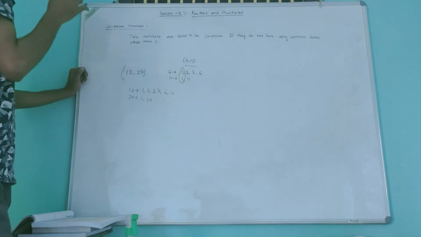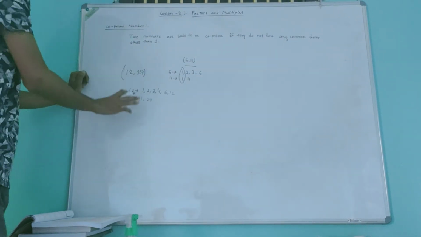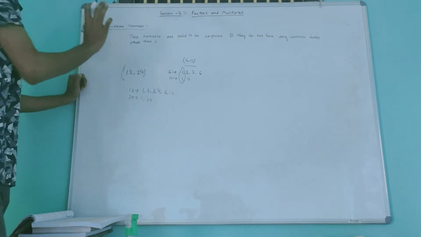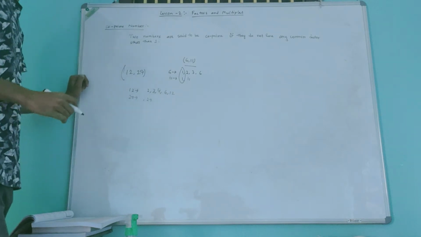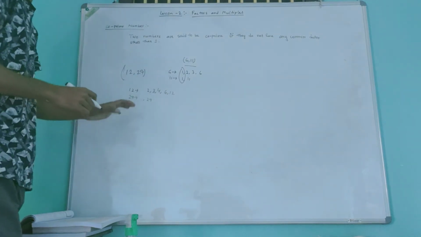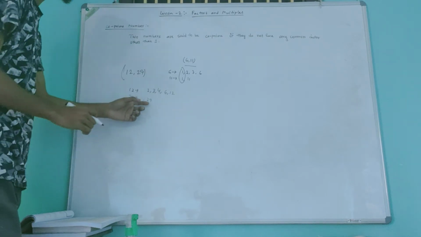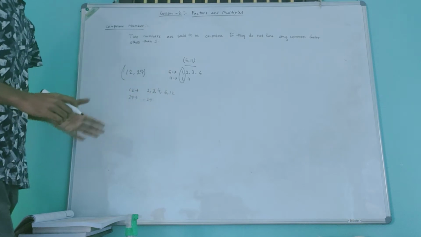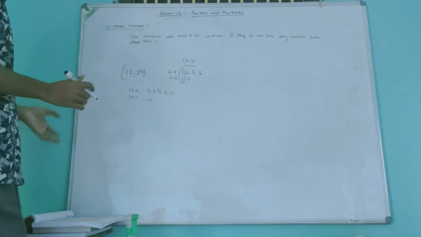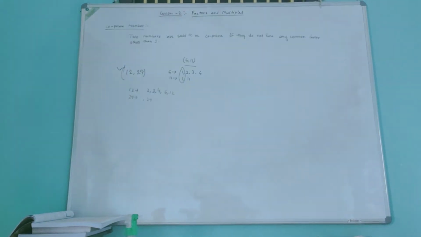So they do not have any common factor which is other than 1. If we remove the 1, we will not get any common factor. That means these two also are co-prime numbers.